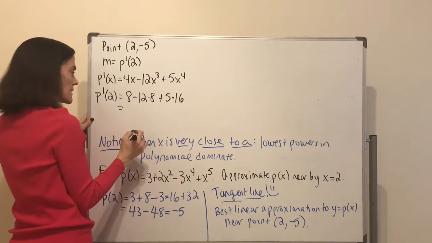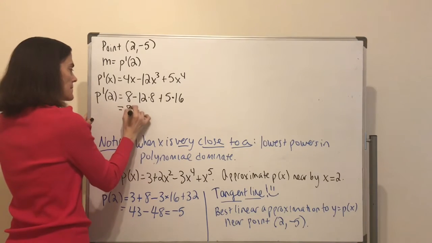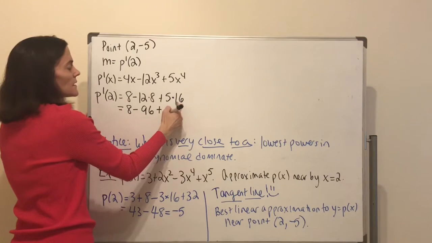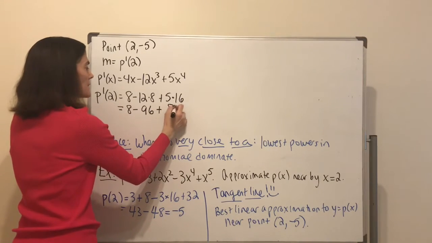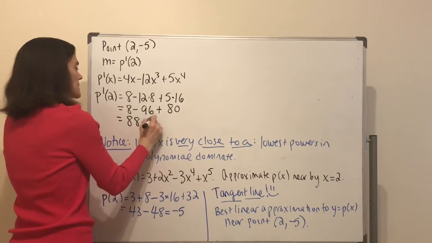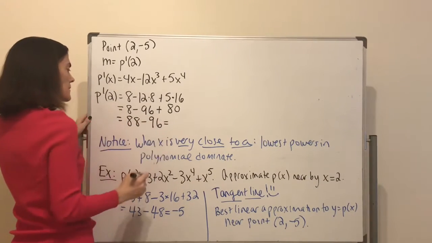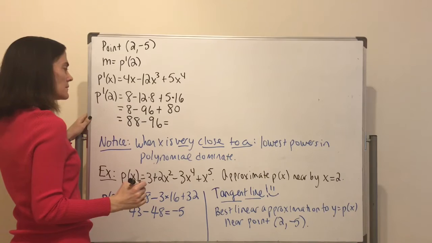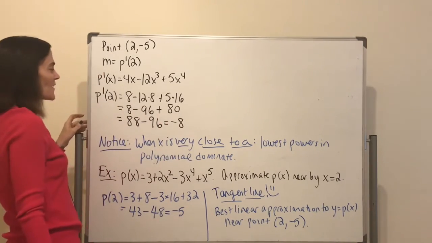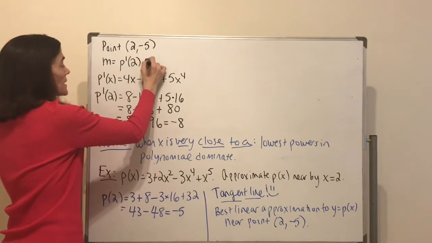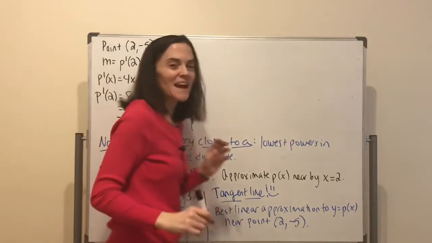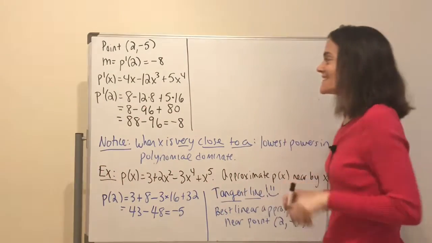Now let's see what we can do here. This is 8 minus 96, and then plus 50 and 30 makes 80. So we have 88 minus 96. This gives me negative 8. Okay, this is the slope, negative 8. Now let's write the equation of our tangent line.